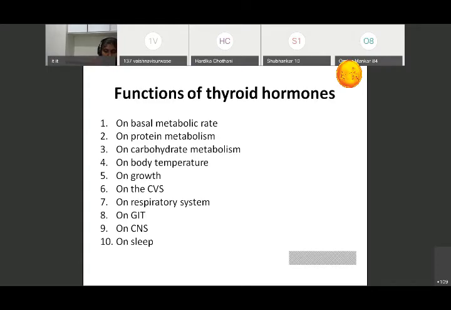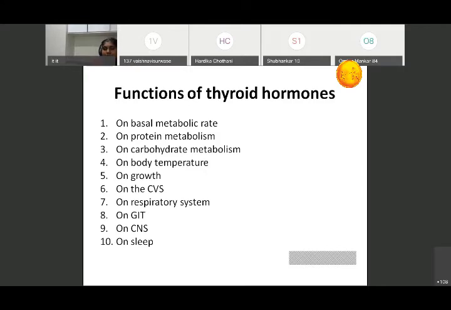Second part is on protein metabolism. Write down: it increases the protein synthesis. It is the same as growth hormone, they have an anabolic effect on protein synthesis. How?